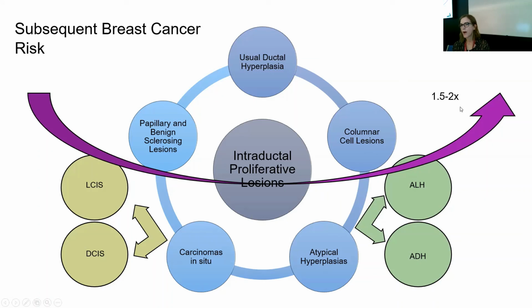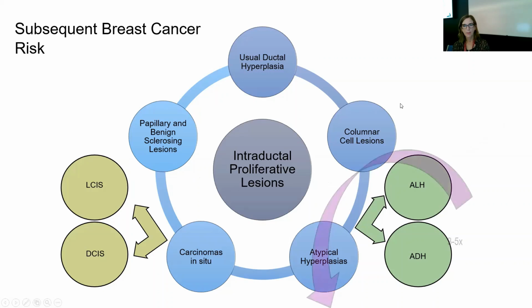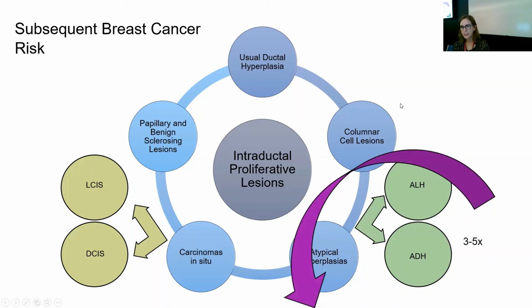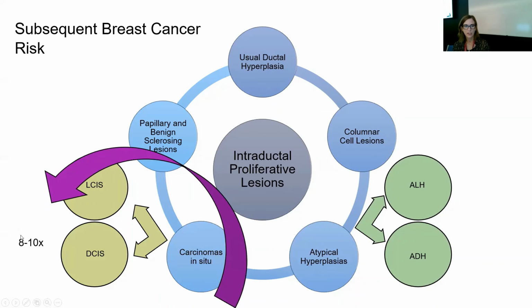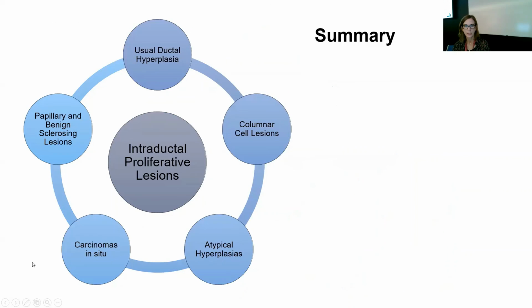There's a 1.5 to 2-fold increase in subsequent breast cancer risk, so very modest. For atypias, 3 to 5-fold increase in subsequent breast cancer risk, so those do constitute high-risk lesions. And then for our carcinomas in situ, an 8 to 10-fold increase in subsequent breast cancer risk.